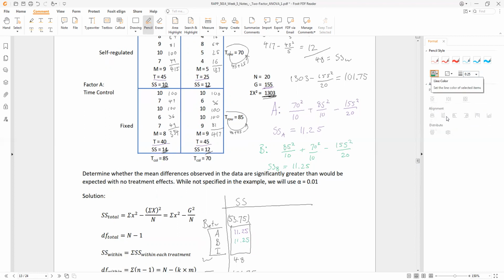Which means that my final thing, my interaction, what's my interaction? My SS for the interaction is going to be the 53.75, the between minus each of these.